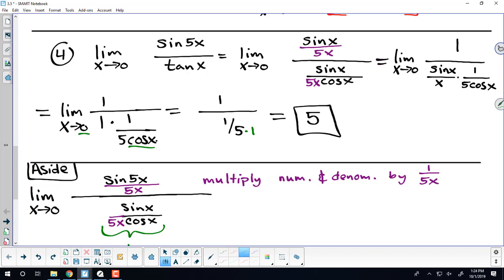And that was because we multiplied by 1/5 x, top and bottom. And since x is approaching 0, we're not actually multiplying through by 1 over 0 because x is just getting closer to 0. So from this point, we divide here by 5x and divide here by 5x.